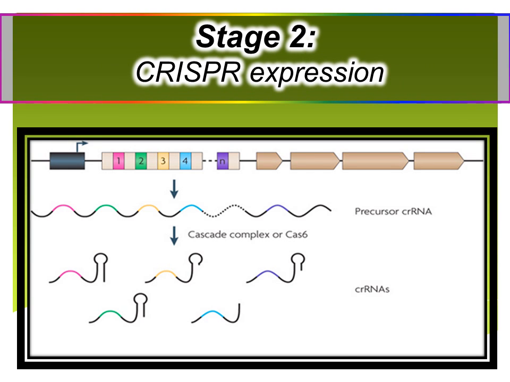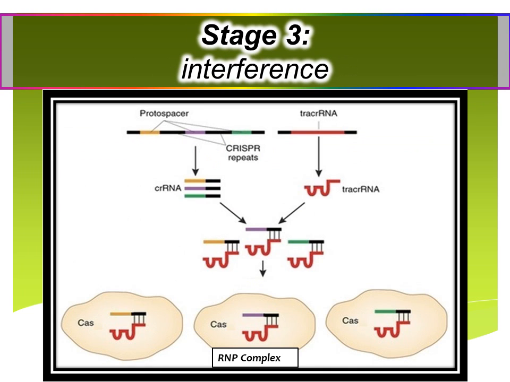In stage 2, CRISPR is expressed from the genome as a precursor crRNA and then cut into individual crRNAs. In stage 3, crRNA hybridizes with tracrRNA via its complementary segment and produces an RNA complex. Then this RNA complex binds to Cas protein, and this RNP complex recognizes the phage target site and cuts it out.